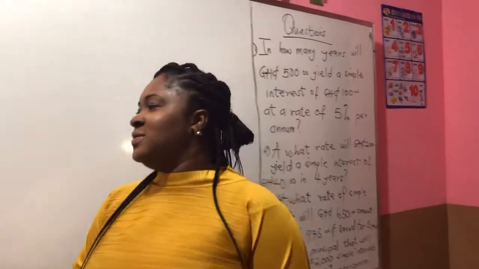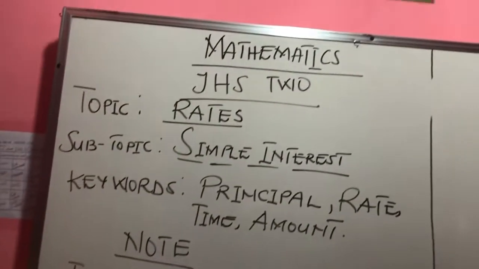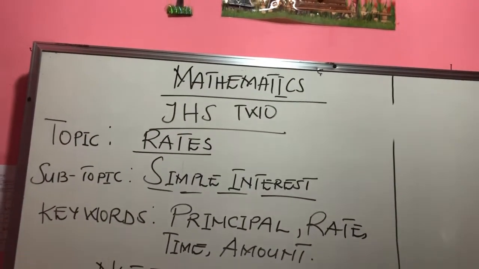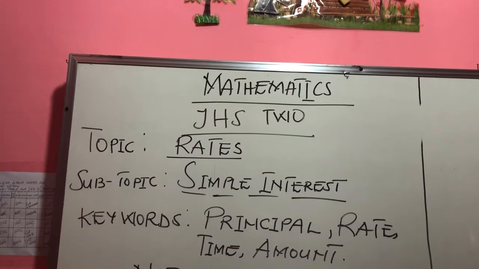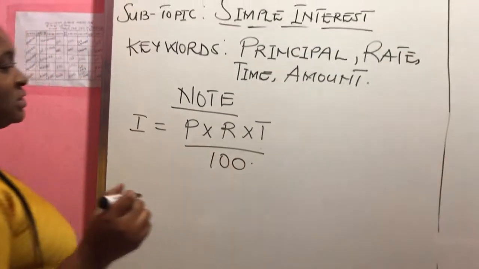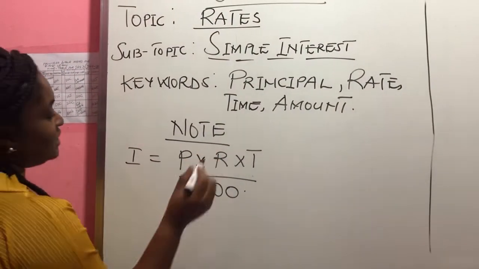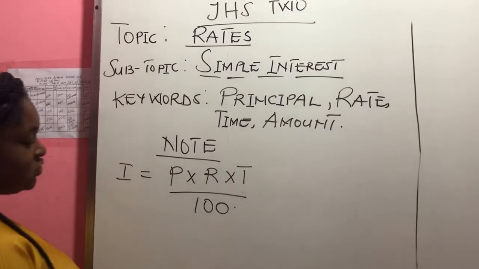So let's start. Now, yesterday we learned a new formula, didn't we? We learned that I represents interest, P represents principal, R represents rate, which is in percentages, and T represents the time, the number of years the person is using the money.